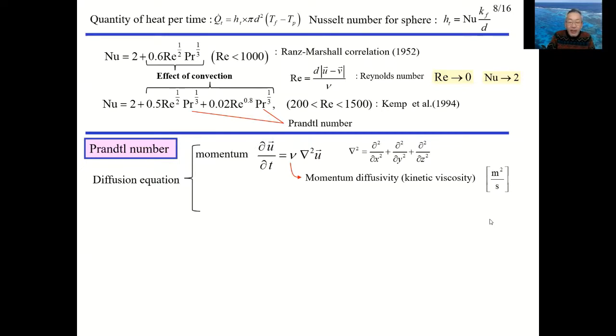This equation is the same as the Navier-Stokes equation without the convection term and pressure term. When the fluid velocity diffuses due to the viscosity effect, the velocity changes according to this equation. The kinematic viscosity is the momentum diffusivity.